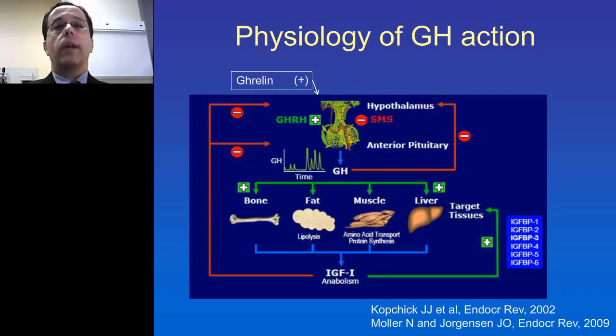In the liver and other tissues, growth hormone also stimulates IGF-1 secretion, which in turn has multiple anabolic effects, also insulin-like effects on glucose homeostasis. And of course, IGF-1 feeds back on the hypothalamus and pituitary to inhibit and control growth hormone secretion in a classic negative feedback loop mechanism.